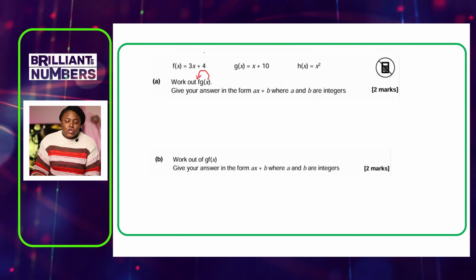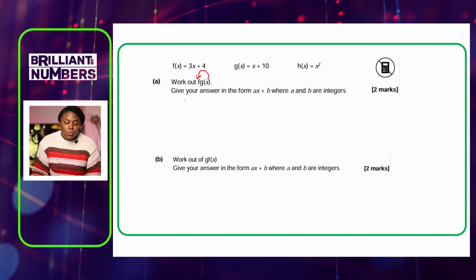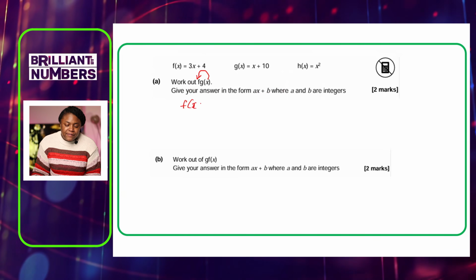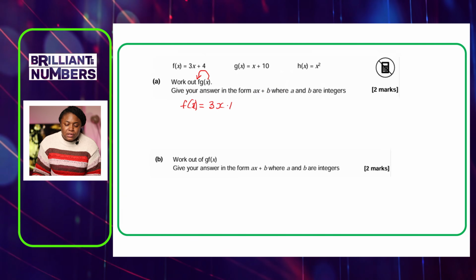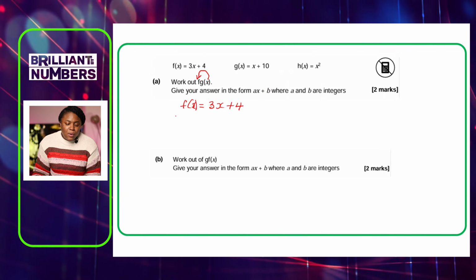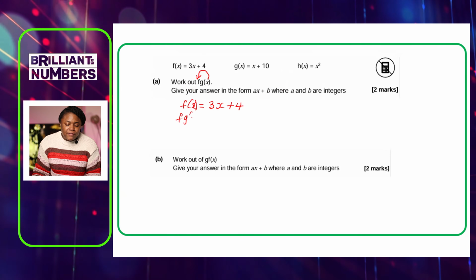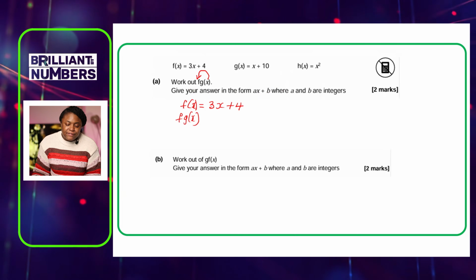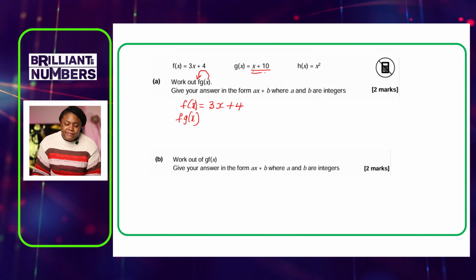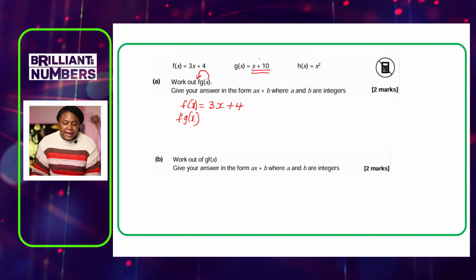So what this means is that we are going to put all of the function g into the function f. So let's start by writing what is f of x. So f of x is equal to 3x plus 4. So now f of g of x means that wherever x is in f, we are going to replace it with this value of g of x.